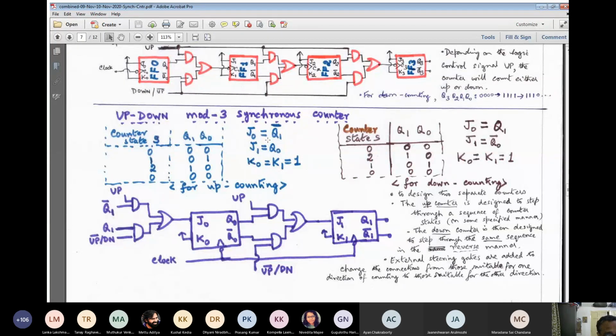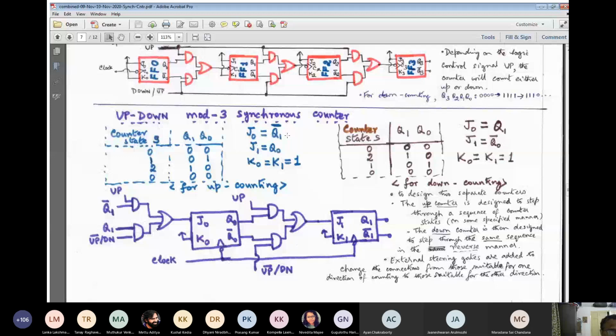We require two flip-flops, whose excitation inputs are J1, K1, J0, K0. These are the more significant flip-flop and the less significant flip-flop. J0, J1, K0, K1 are designed by filling up the excitation columns. You can easily design it; I have not written it.